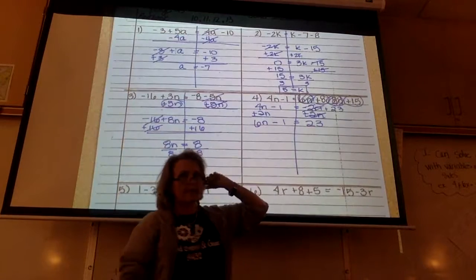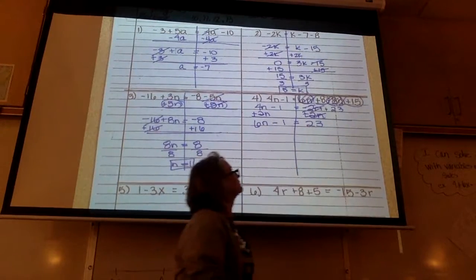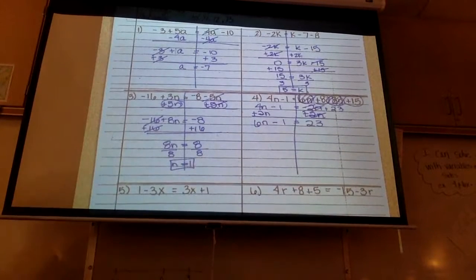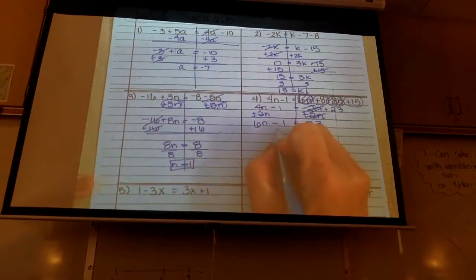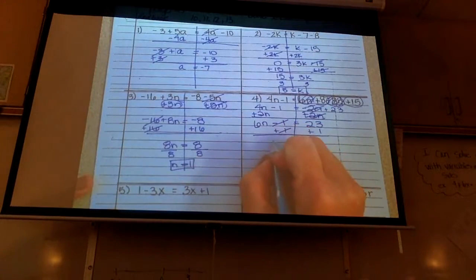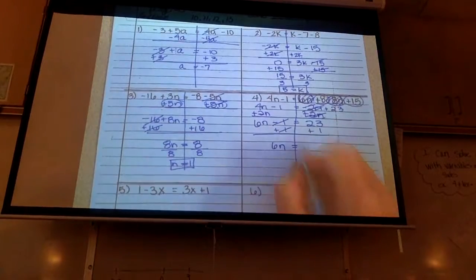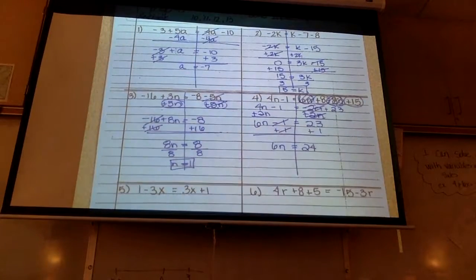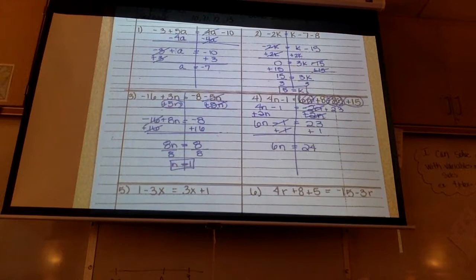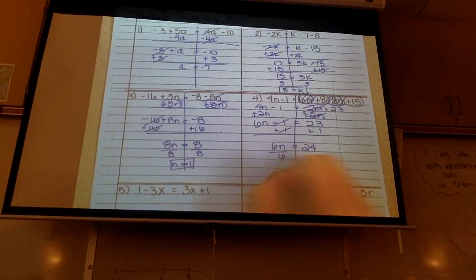I kill it with a plus 1. So I got to do plus 1, both sides. Plus 1, plus 1. So 6n equals 24. Divide by 6. 4. Yeah.